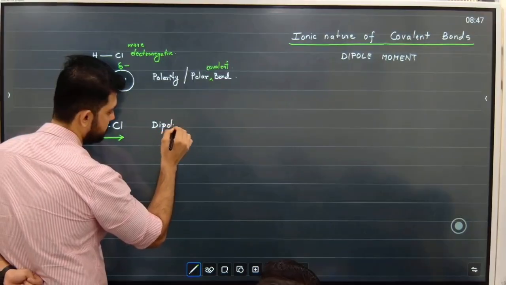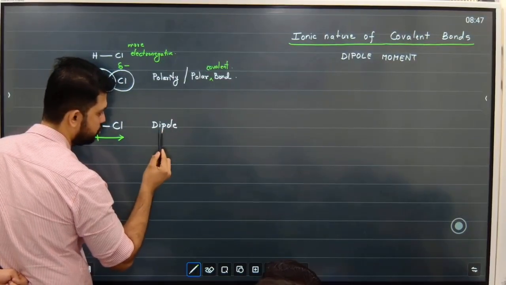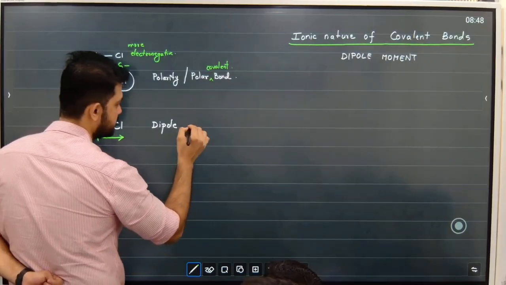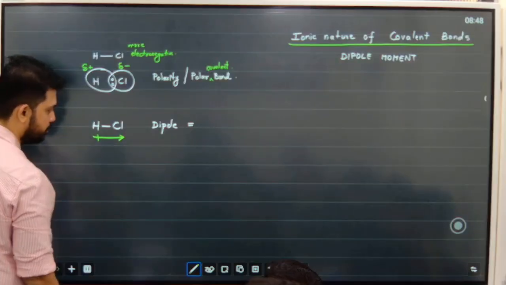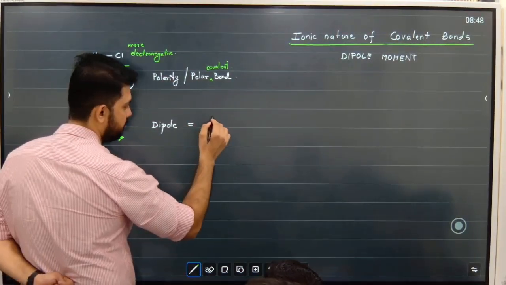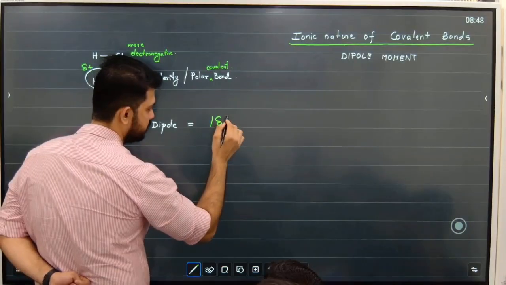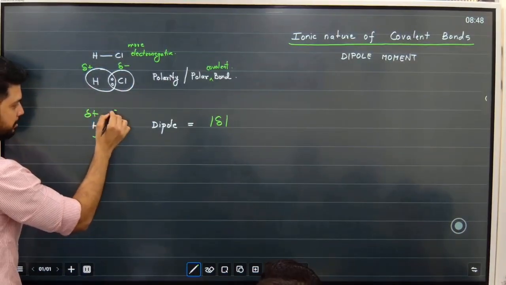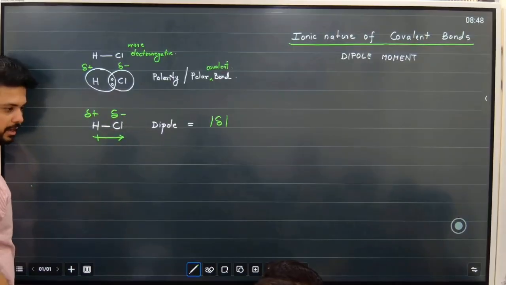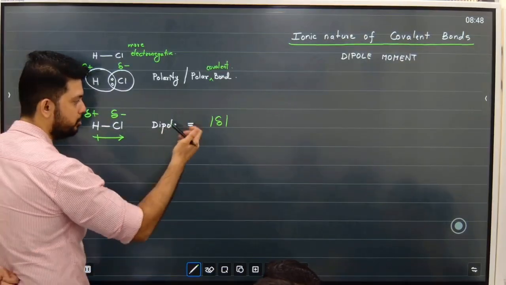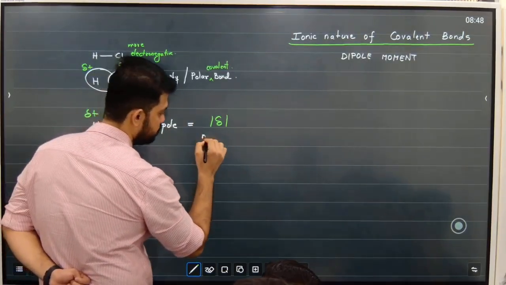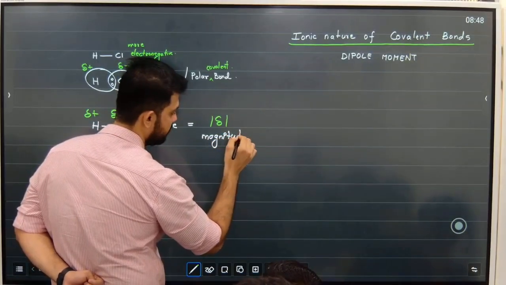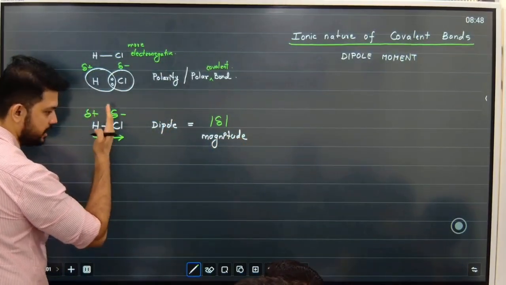As the name suggests, dipole, di means two, pole means polarity. A dipole is the product of the magnitude of the charge developed. I repeat, here the charge was delta positive, here the charge was delta negative. So it is the product of the magnitude of the charge, because the magnitude of both is the same, the only thing different is the sign.